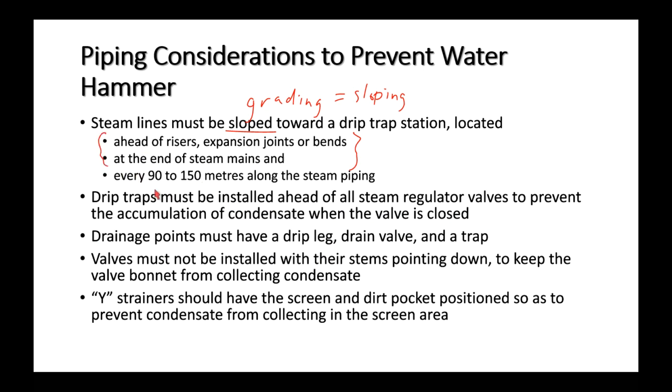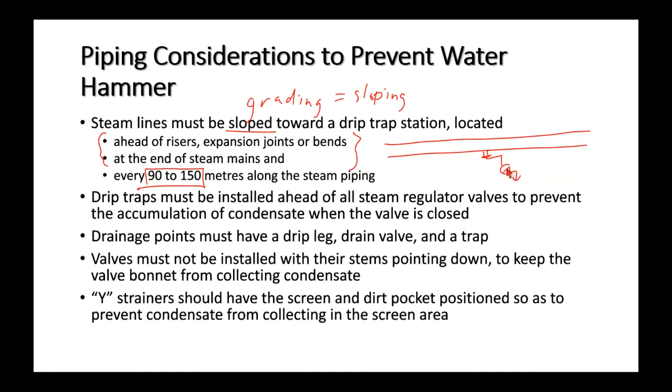And we saw in the early slide, where do we put them? That covered this stuff. But here's something a little bit different. Every 90 to 150 meters along the steam piping, so we've got a really long steam line, we'll have a drip leg and a steam trap.